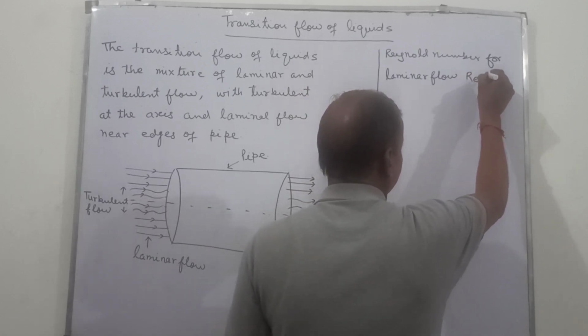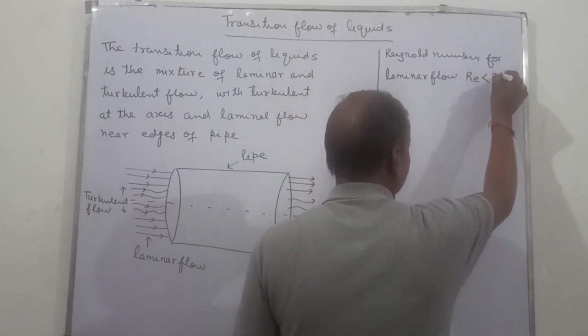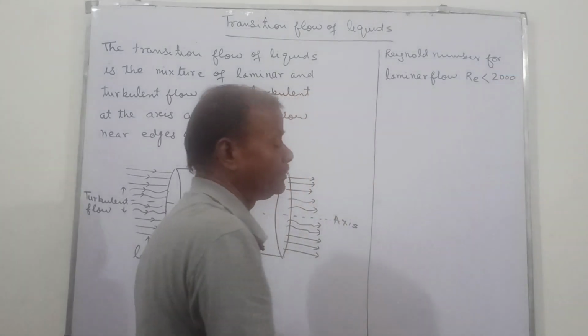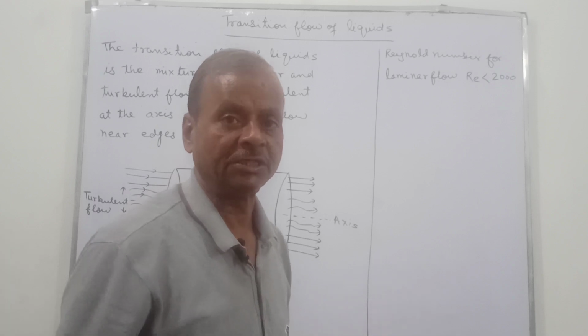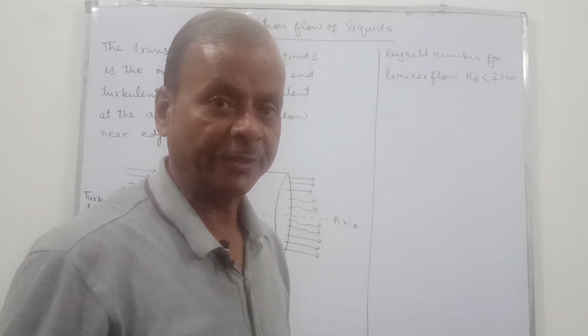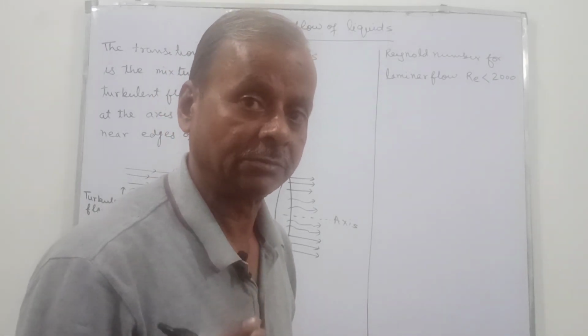This Re is less than 2000, as I told earlier also, but in many books this is given as 2300, so this may be near about 2000.